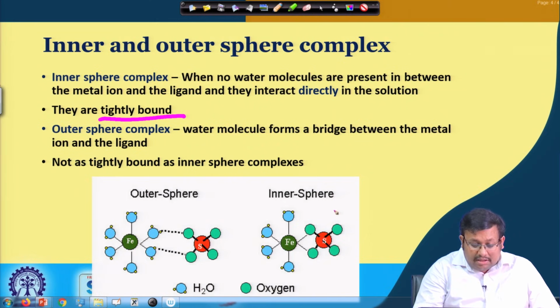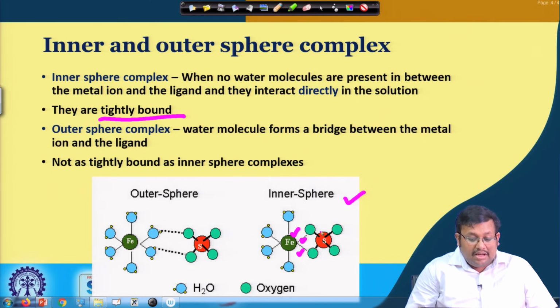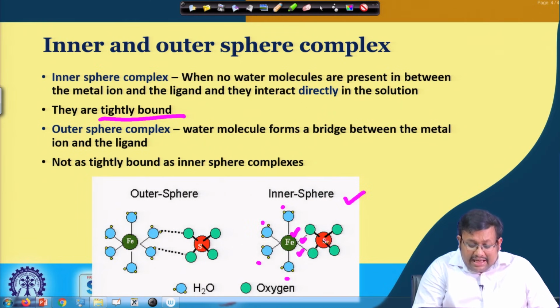So, this is the inner sphere complex, and you can see that here the iron atom, or this metal ion, is directly linked with these ligands without the presence of water molecules in between. Although you can see the water molecules are present surrounding the iron, in the link which is directly working with the ligand, there is no presence of water molecule.